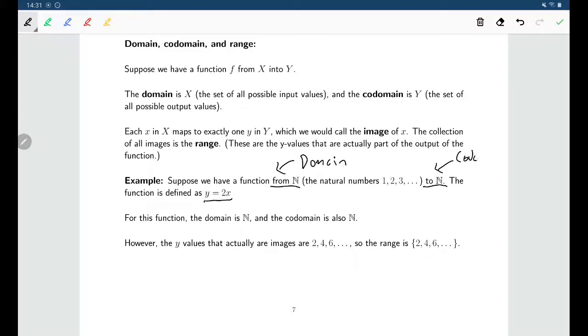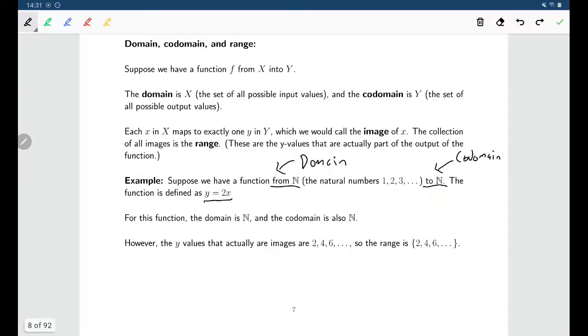That means that's my codomain. But that's not the list of all the y values that I'll actually see. When I say that my codomain is the natural numbers, I'm not saying that for my y values I will have a 1 and a 2 and a 3 and a 4 all as my possible output values. It's just that any output values I have will be inside this set.